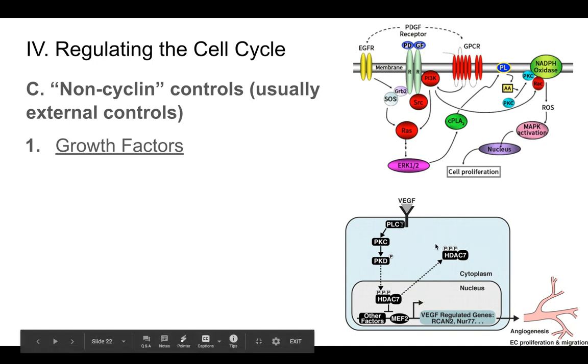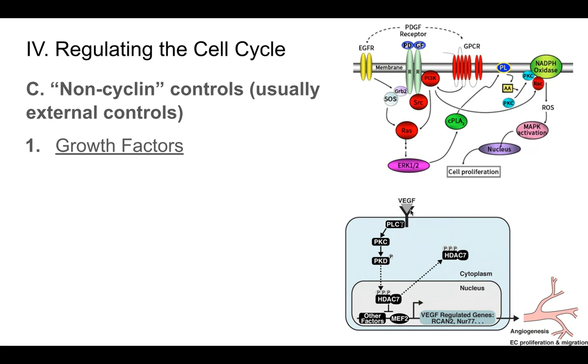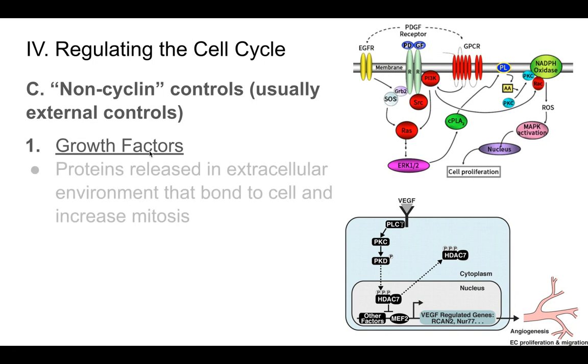Here is another cell, with a membrane around it, and a receptor. Here's the other ligand, VEGF. What do PDGF and VEGF have in common? The letters G and F. Both are growth factors.